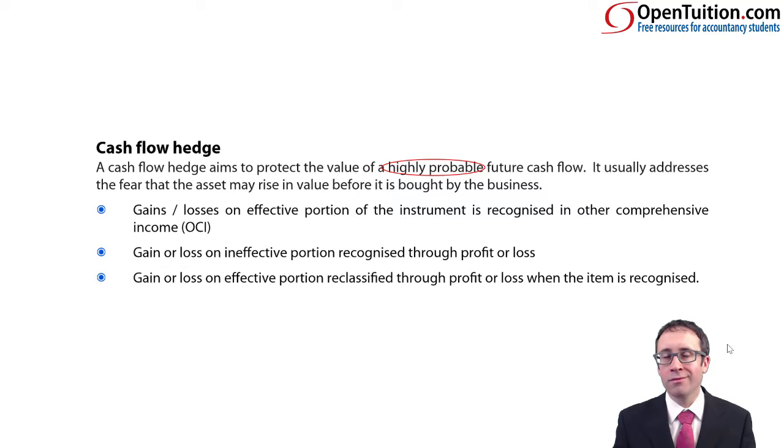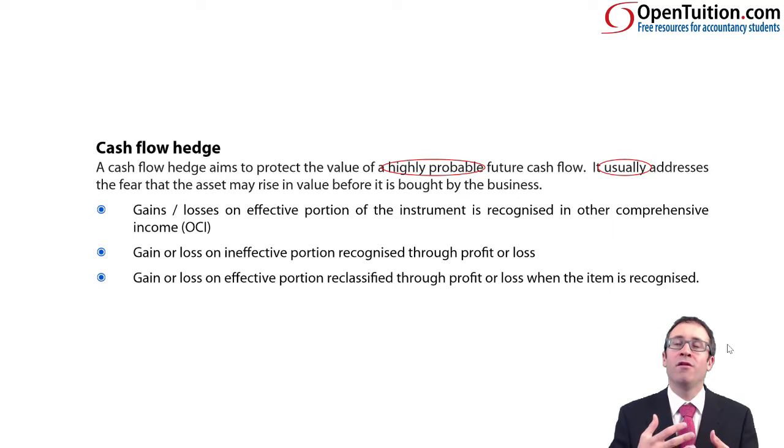And also what we usually see is that it is trying to protect against a price rise before we buy that item. Okay, just be careful, that's usually the case. We could be trying to protect a highly probable future cash flow if we are looking to sell something in the future, in which case we will be looking to protect it from a price fall.